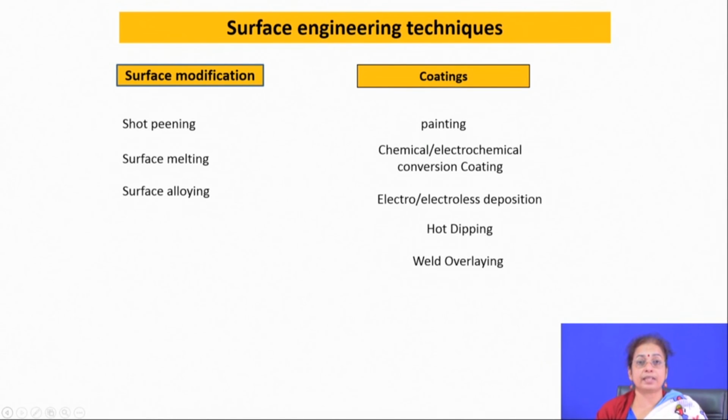Weld overlaying is another technique which can be applied for development of a thick hard coating, it may be called hard facing. Weld overlaying may be applied for mitigation of corrosion like cavitation corrosion, and for the mitigation of pitting corrosion. All these corrosion can be mitigated by the process of weld overlaying.